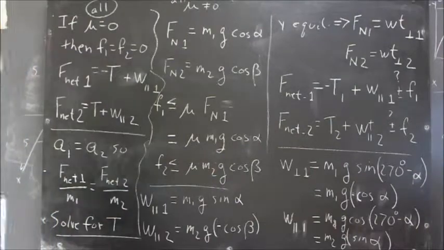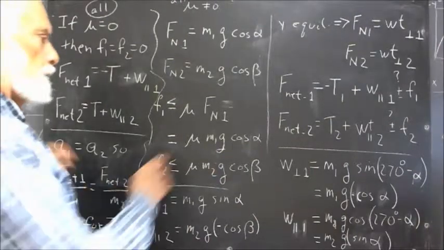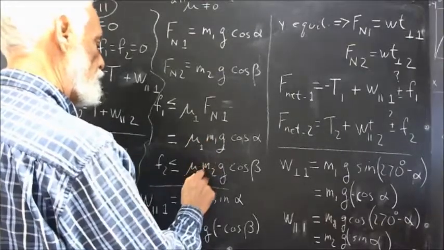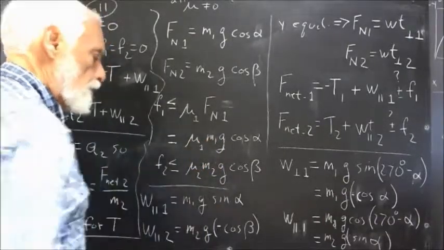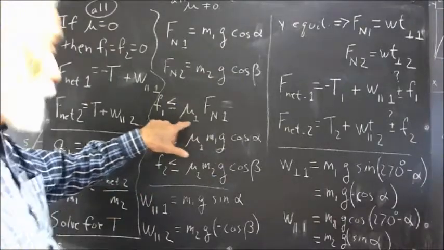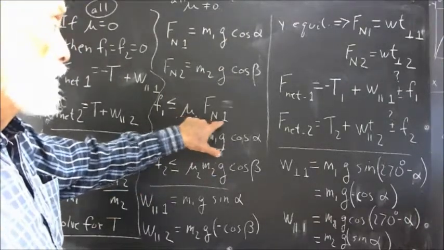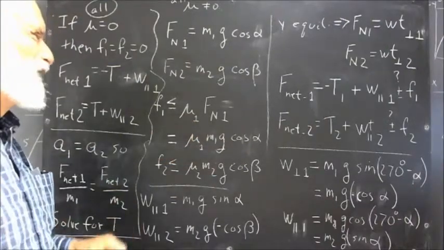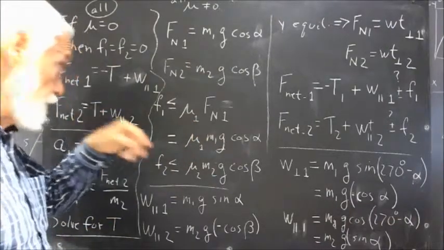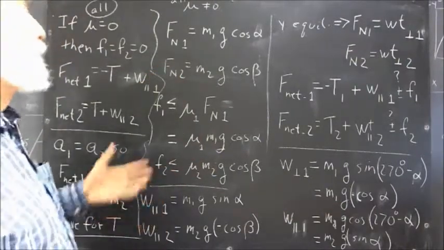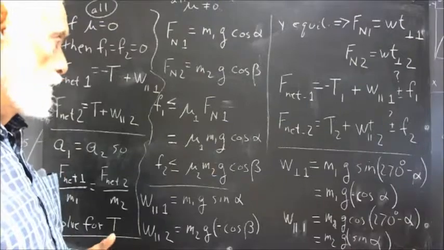Now, I should probably put a subscript on the coefficient of friction to indicate the coefficient of friction on the first mass times the normal force. Now, that coefficient of friction is unspecified. I don't want to go into too much detail here. We can set up a whole logical system by which we would reason out the behavior of the system.